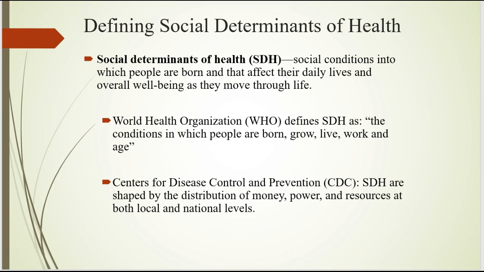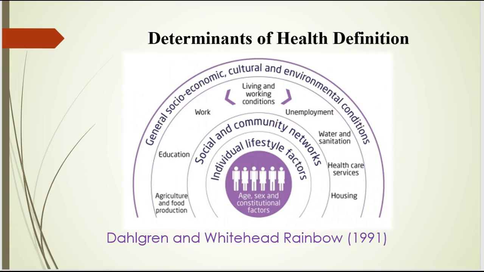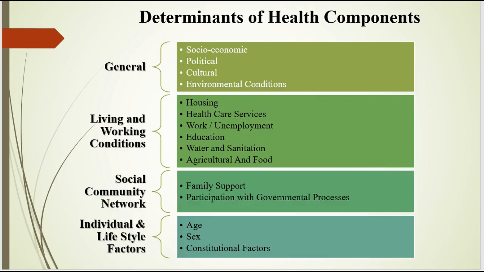Now, the next two slides really describe what the determinants of health are. Here is a diagram illustrating what the determinants of health are, and here are just examples of different health components within each determinant of health.